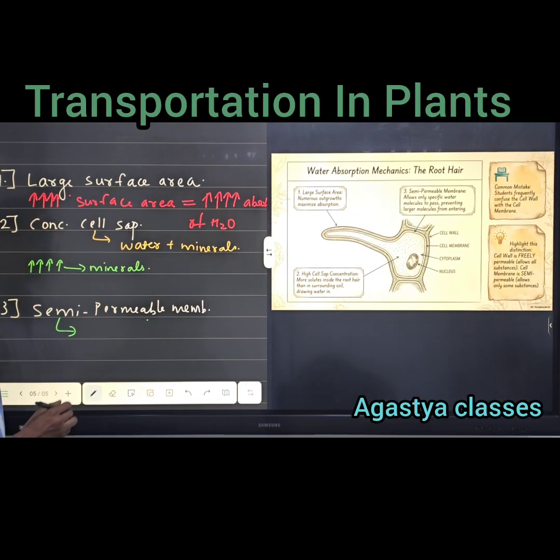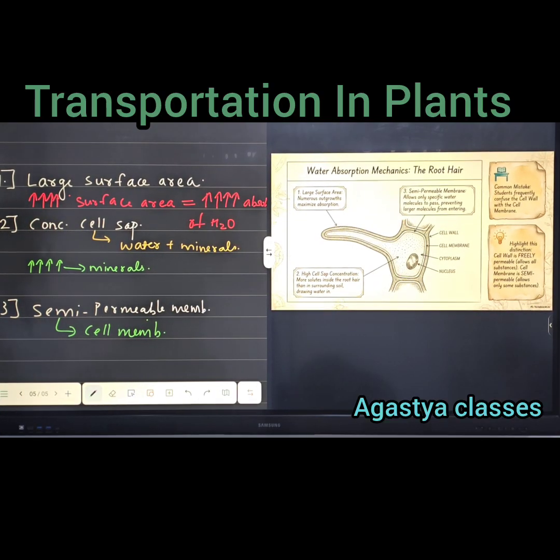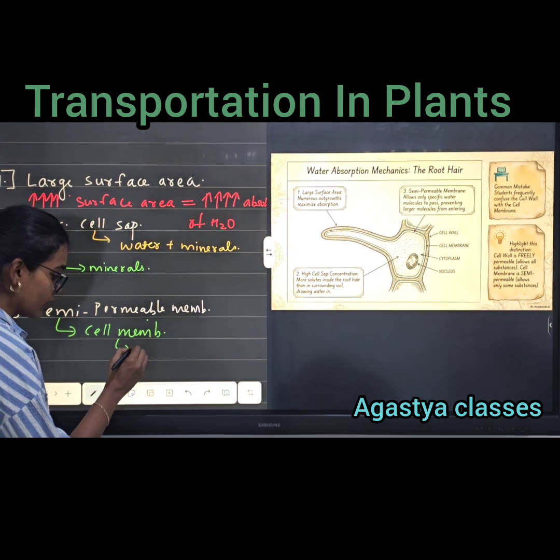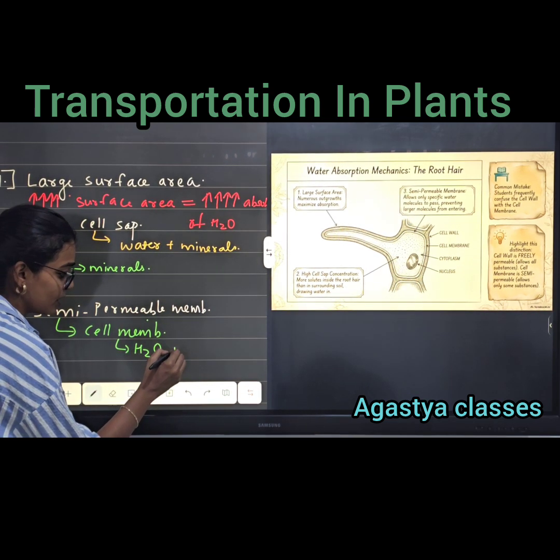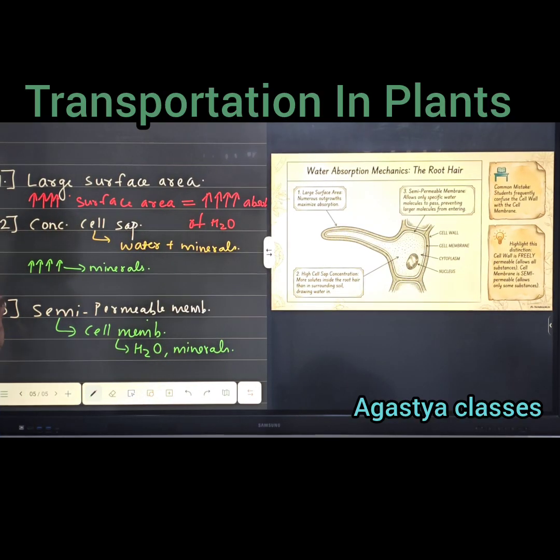Which membrane is called as semi-permeable membrane? Cell membrane. Because of this semi-permeable membrane, it allows certain substances like water, some minerals, to pass into the cell.